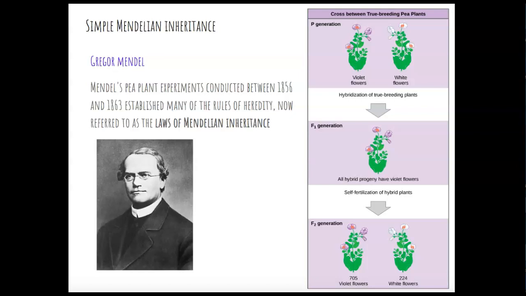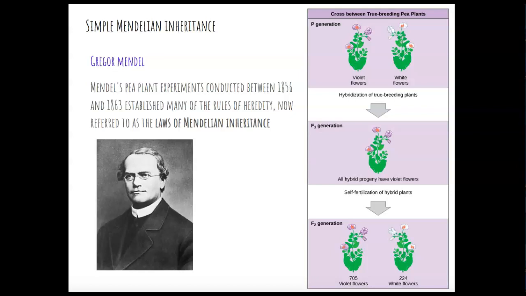And in the F1 generation, he got all violet flowered plants. He then crossed individuals from the F1 generation and created an F2 generation. In the F2 generation, the white flowered plants reappeared. And what was interesting was that the purple flowered plants and the white flowered plants occurred in almost a perfect 3-to-1 ratio.